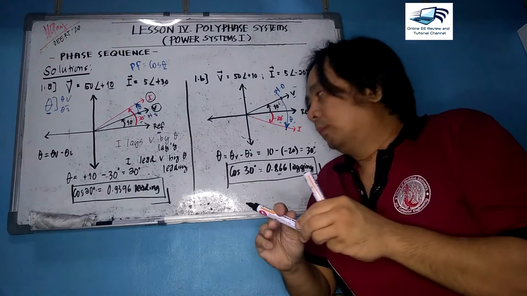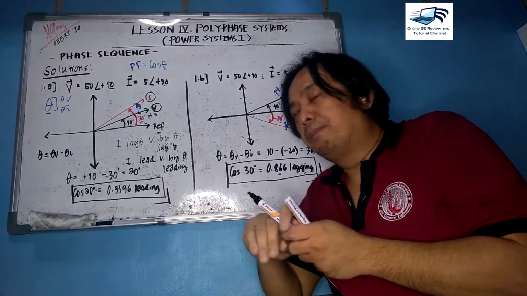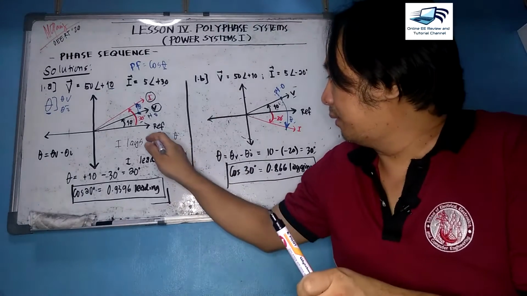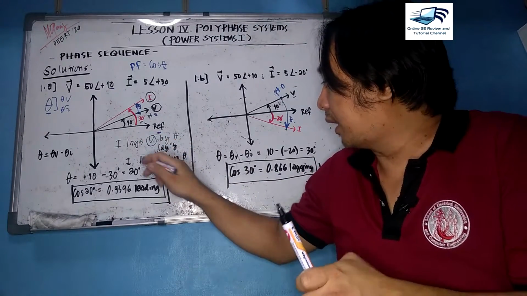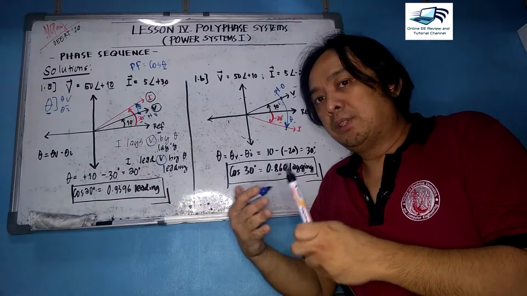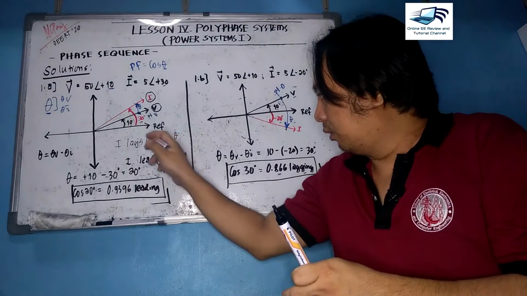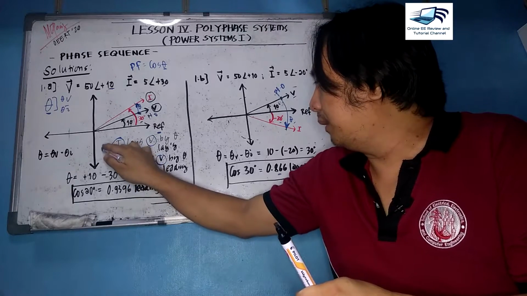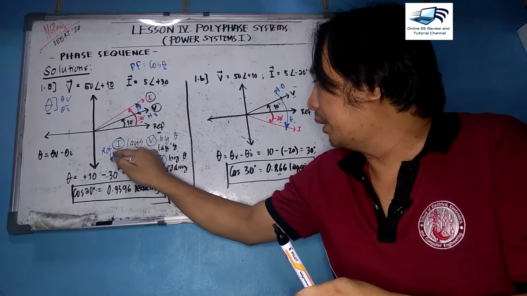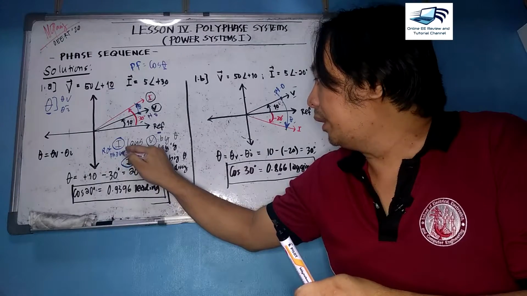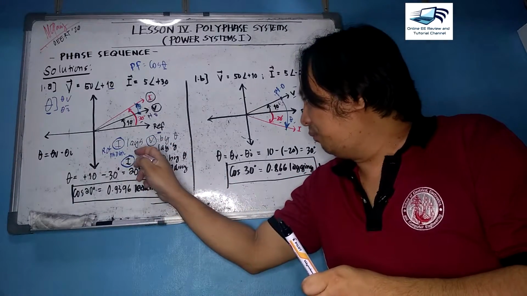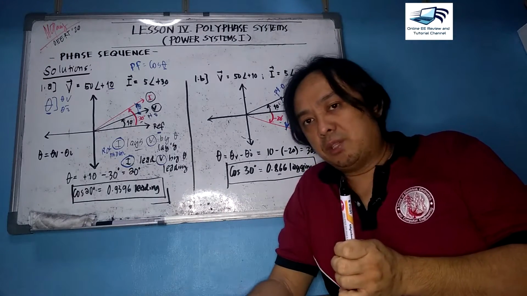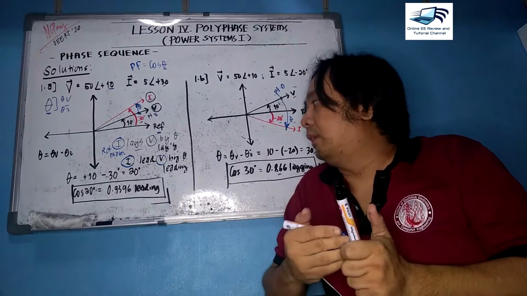So we will make use of these statements in order to get the behavior of the angle. And please take note, whatever the reference is always the right of a certain statement. The right of the statement is your reference, while the left of the statement will be your rotating phasor. The rotating phasor will dictate if the angle will lead or lag the reference by a certain angle theta.